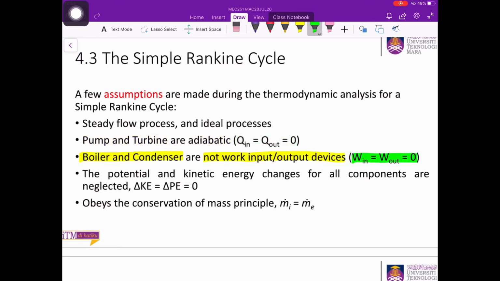Meanwhile, for the boiler and condenser, since they are not work-producing or consuming devices, the terms work in and work out will be neglected. Since we are assuming all the steady flow devices work ideally, the potential and kinetic energy terms for all components will be neglected. And lastly, we are going to assume that this cycle obeys the conservation of mass principle.